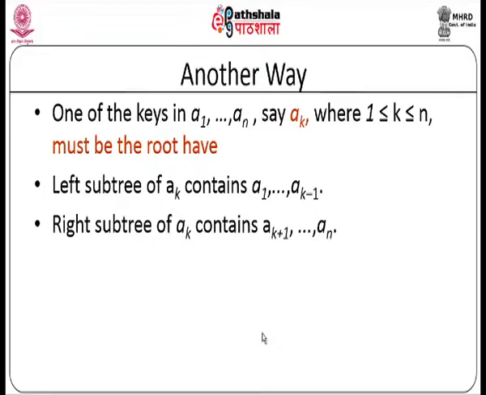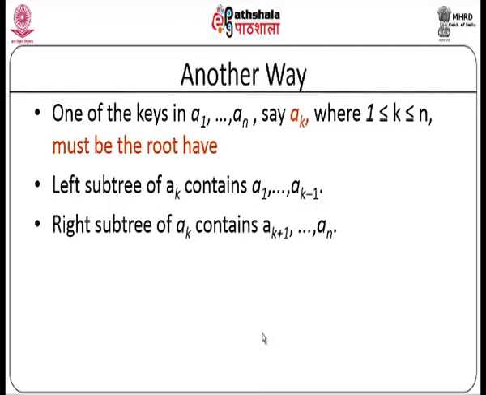So, we can take an arbitrary element called A k, and we can construct the left subtree, so that the left subtree of A k consists of elements A 1, A 2 up to A k minus 1.